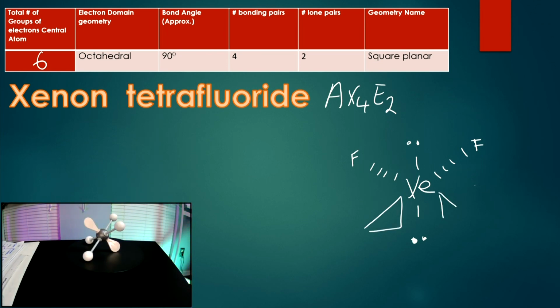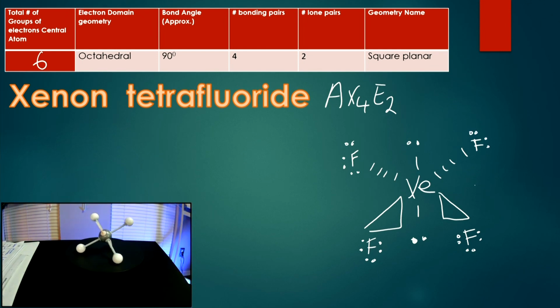So those wedges are representing atoms that are coming towards you. The dash lines are representing atoms that are moving away from you. And don't forget to put a bubble around your lone pairs. So the bond angles are going to be 90 degrees.